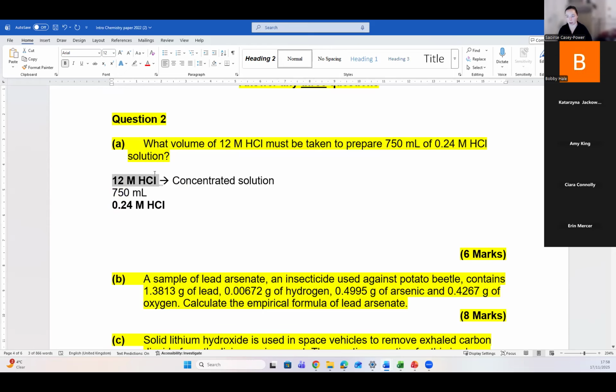So you're starting off with a very concentrated solution and you're going to prepare a dilute solution from that. You'll be able to tell that from the big difference between the two concentrations there. And from the 750 ml, you're preparing that solution. So that's the one you're going to prepare via dilution of this concentrated solution. So I'm going to call that your volume of dilute solution.